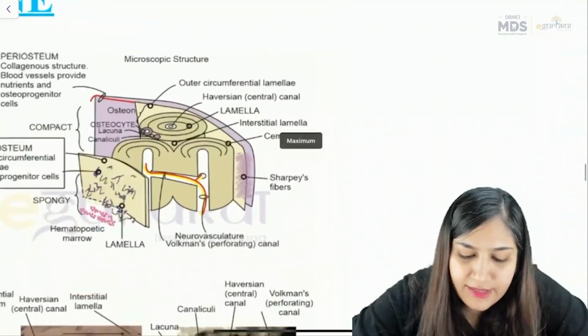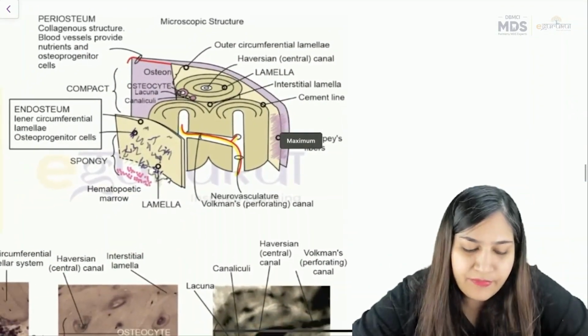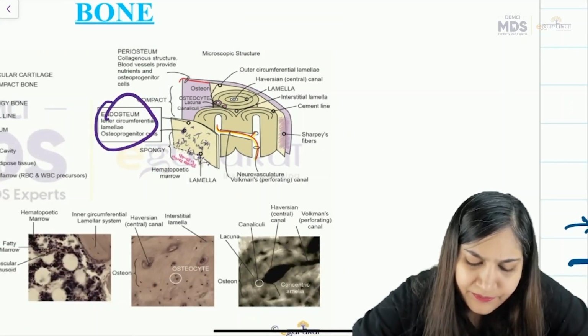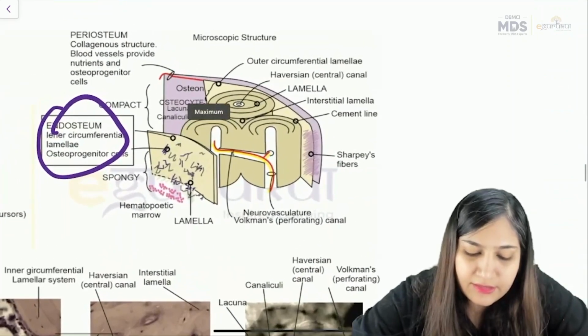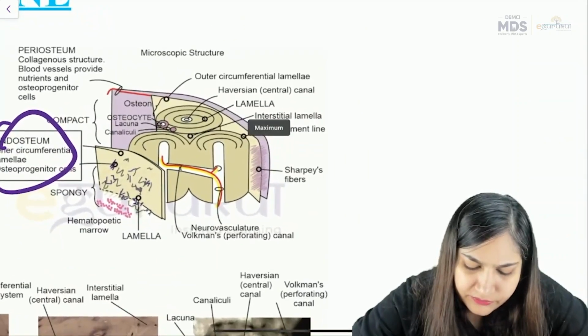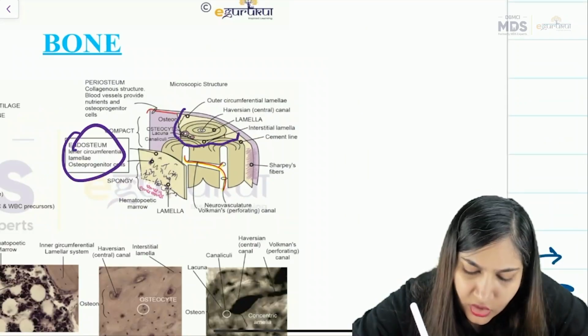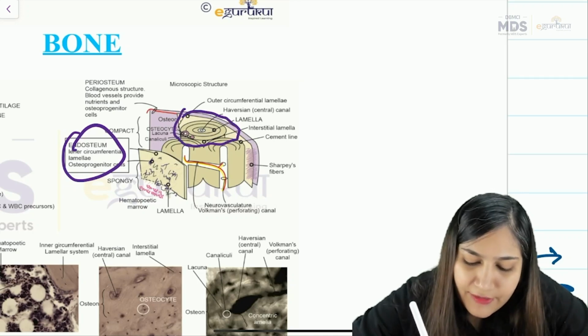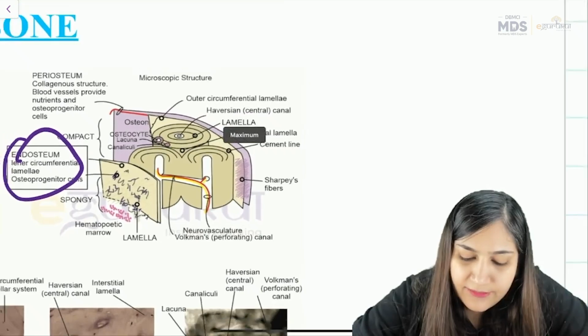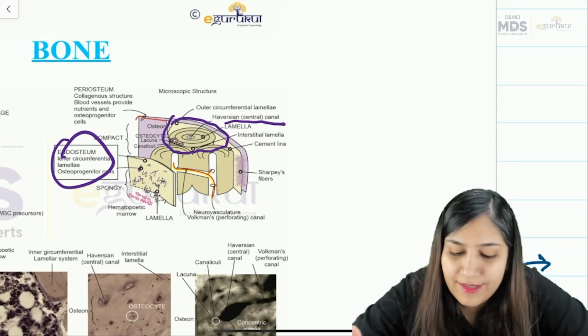In this diagram, we can easily appreciate periosteum as well as endosteum. Endosteum is the inner lining. Osteon, can you see here? This is osteon. In the center we have the Haversian canal. This Haversian canal is surrounded by lamellae.